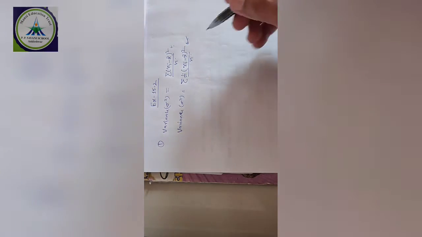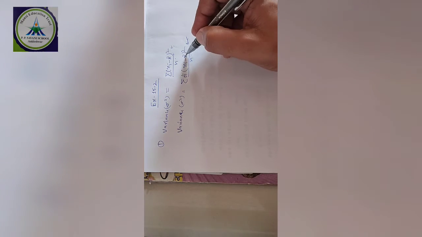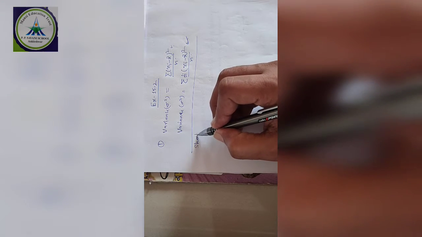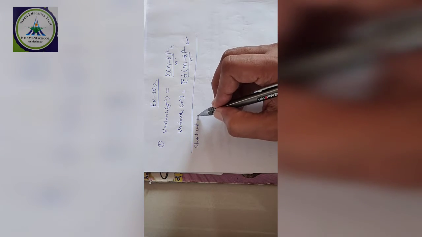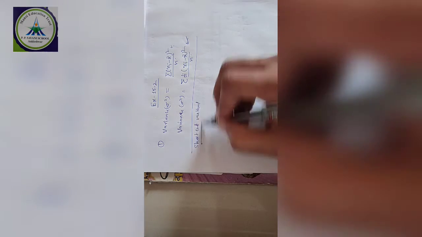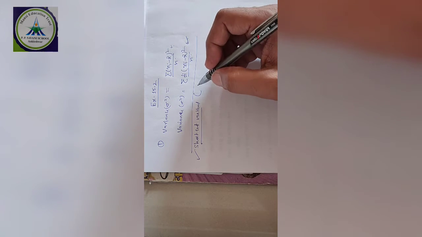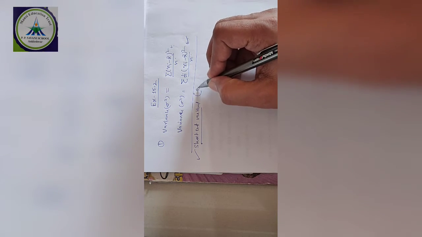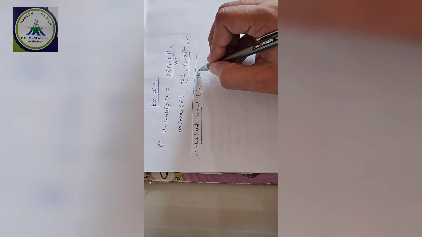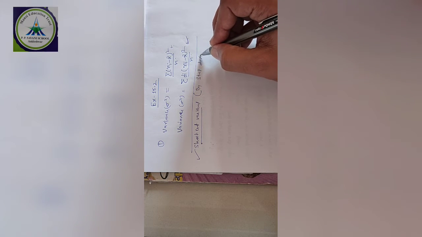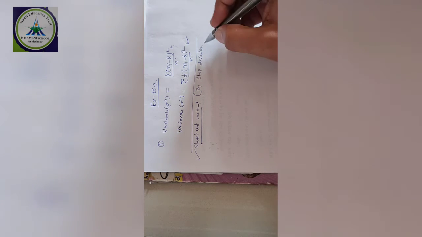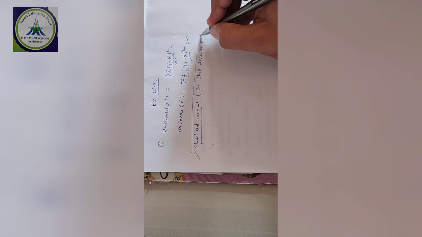Okay, find the mean by use of the direct method, assumed mean method, or step deviation method, and the shortcut method. This is an important method. Shortcut method means finding the mean by the step deviation method. You know about this step deviation method from 10th class?